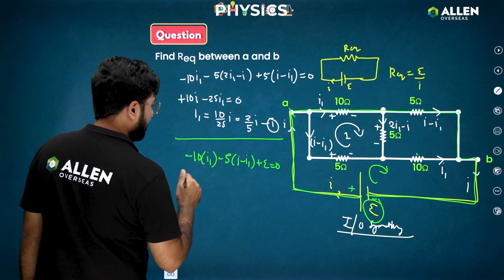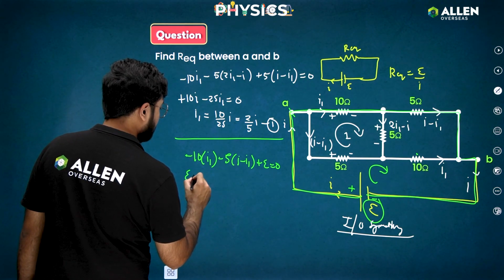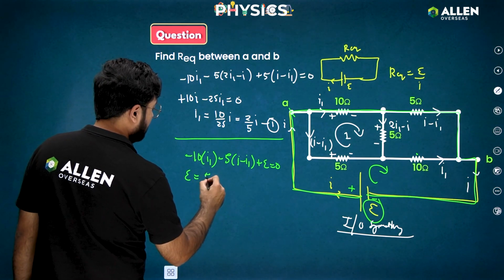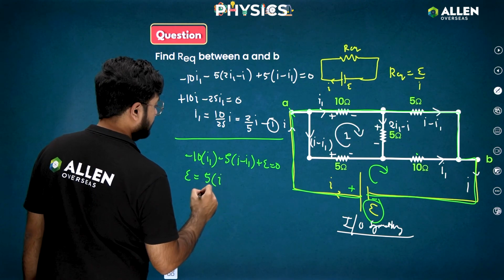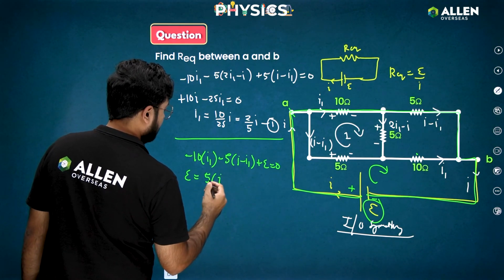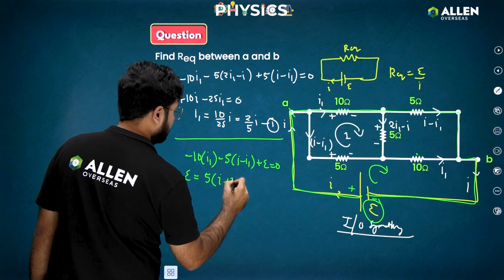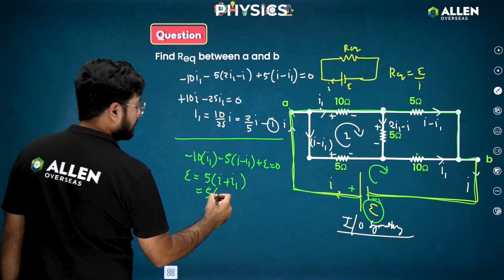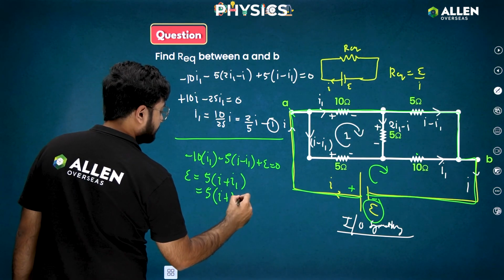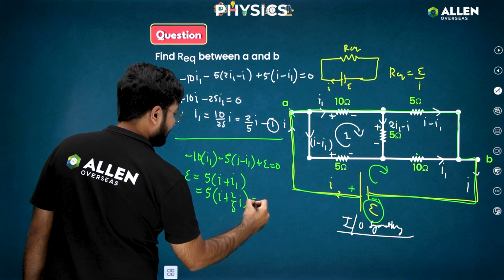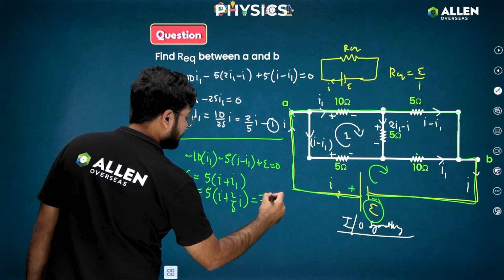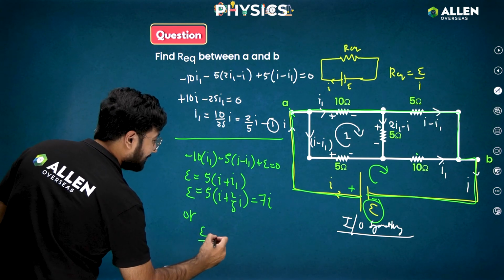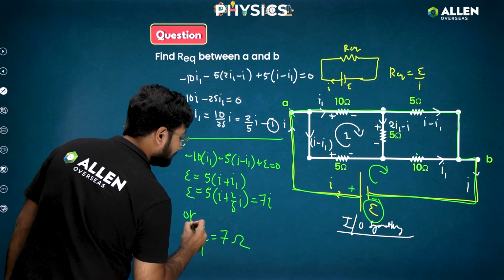From here, E will be equal to, this will be minus 5I, and this will become positive, so plus I1. Substitute the value of I1 from here. So I plus 2 by 5 I, right? So this thing is equal to 7I, or E by I is equal to 7 ohm.